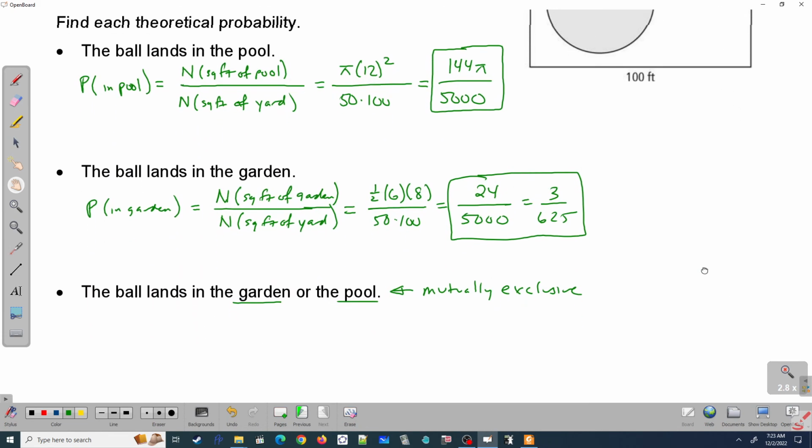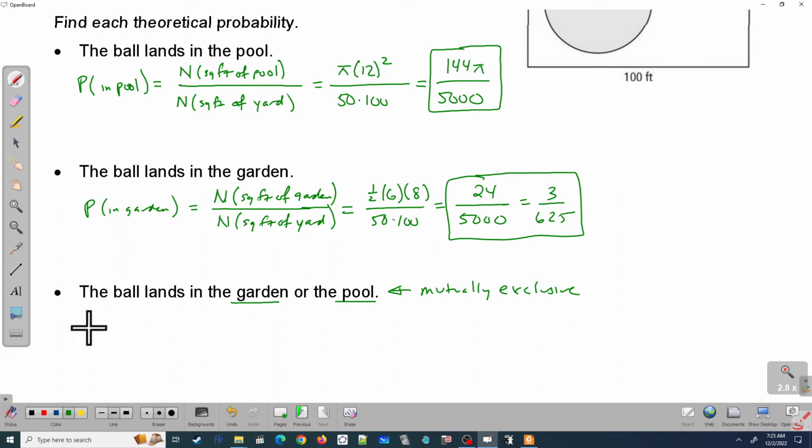And so all I need to do for my OR situation, the probability of in garden or in pool, and I'll highlight the word OR by taking the union symbol. Let's put the pool second just because it's there, and put garden first. Again, would it make a difference?